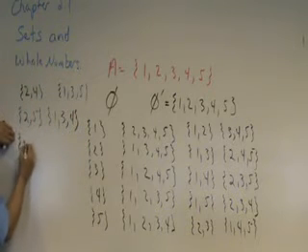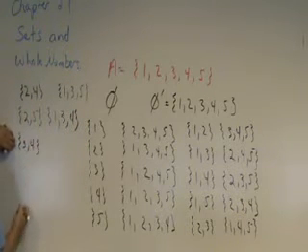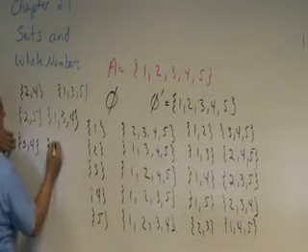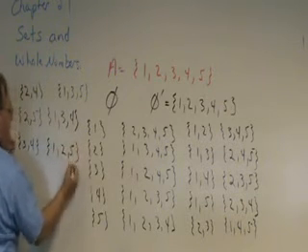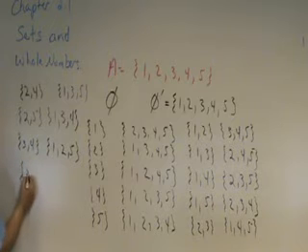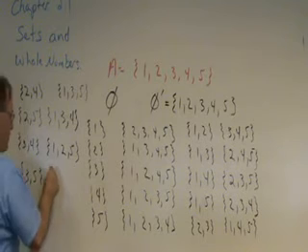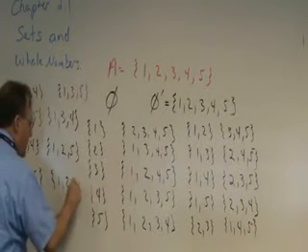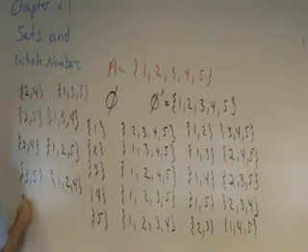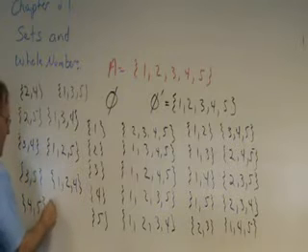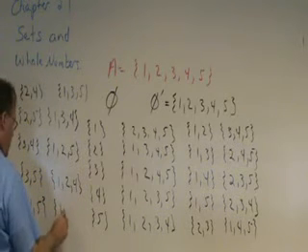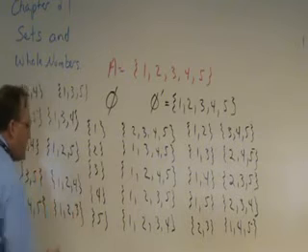And then I could have 3 and 4, which would give me 1, 2, and 5. And then I could have 3 and 5, which would give me 1, 2, and 4 as the complement, and 4 and 5, and 1, 2, and 3 as the complement.